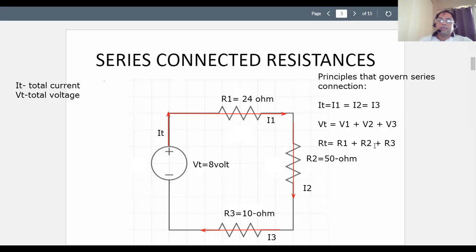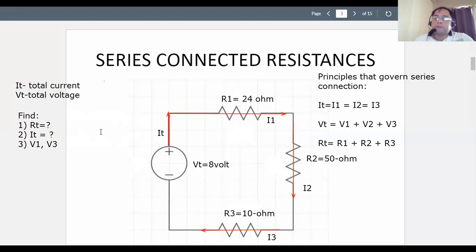We also summarize the relationship of the resistances with each other when we connect them in series, and they eventually have a total resistance. So let us say that these are the things we are trying to find for this circuit. Given these resistances and this voltage, we are trying to find the total resistance first of all.